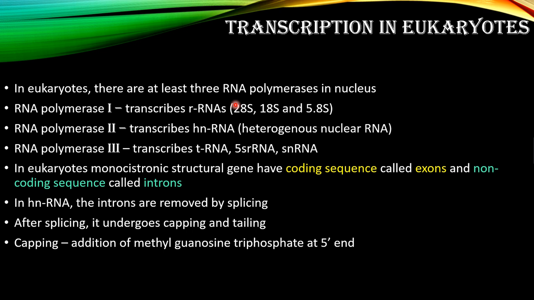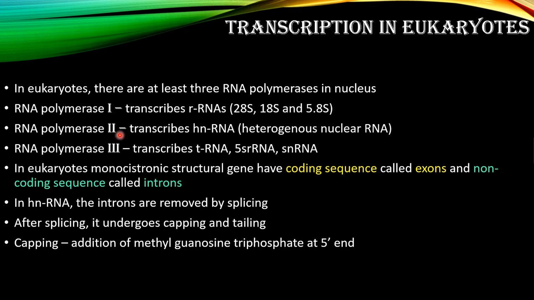What is this S? Svedberg unit. This is a subunit of the ribosome. So in the subunits of ribosomes, 28S, 18S, 5.8S, S is nothing but the Svedberg unit. So ribosomal RNAs are transcribed with the help of the enzyme RNA polymerase 1.